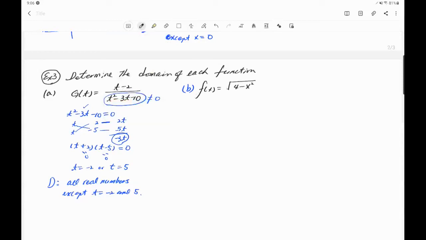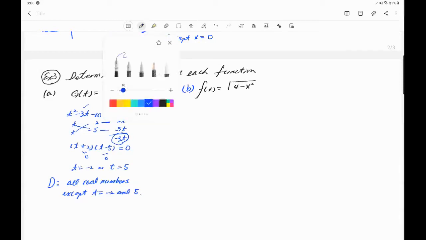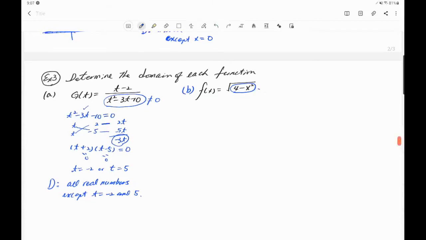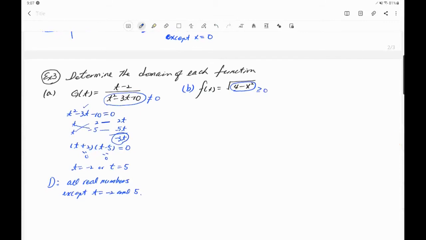All right, square root. Do you remember the restriction? If you have a square root, the expression inside the square root always has to be greater than or equal to 0, right? So let's find out what x is.